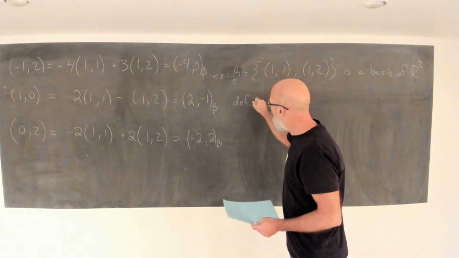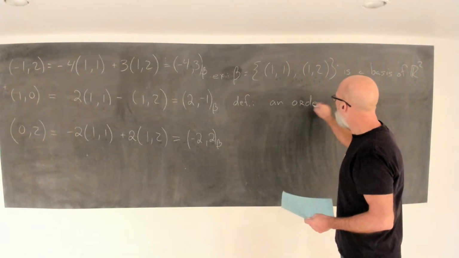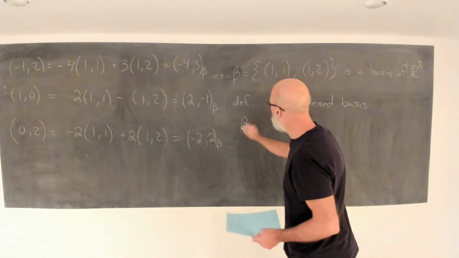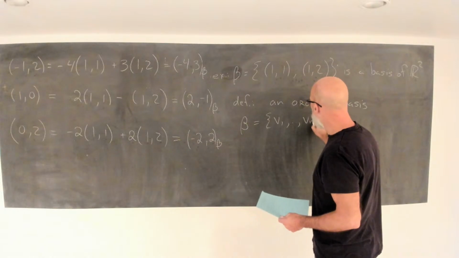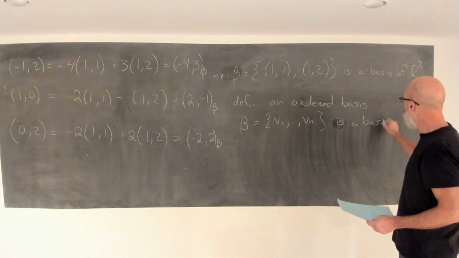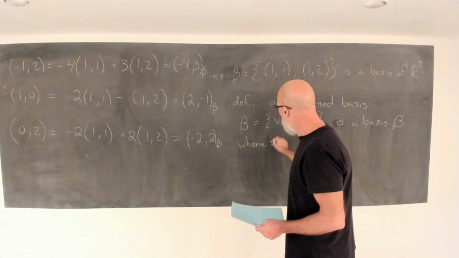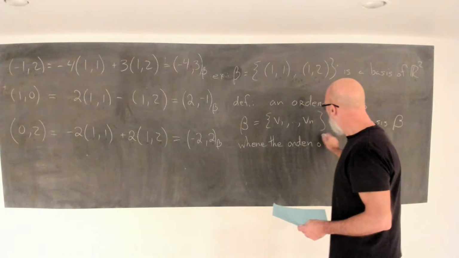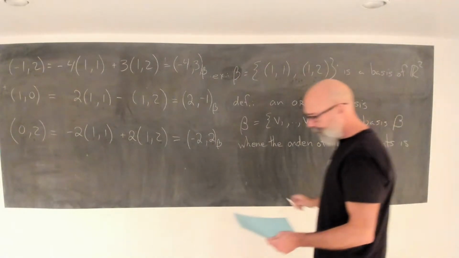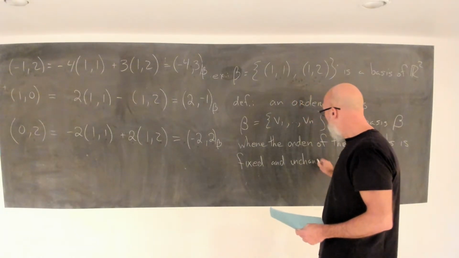Let's introduce a definition. An ordered basis is a basis B where the order of the elements is fixed and unchanging.